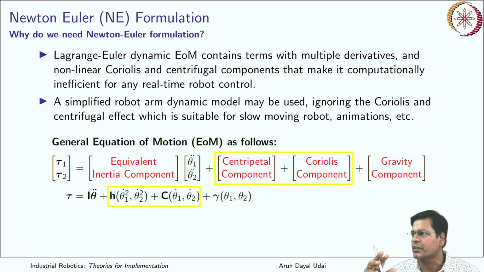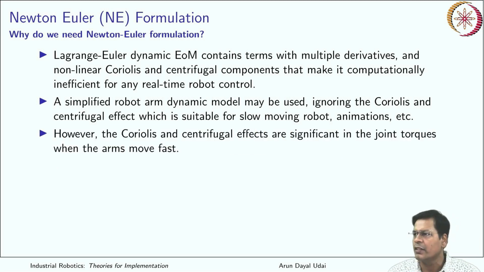But that is possible only for slow moving robots, for animation and similar applications which don't require much accuracy in calculation. Coriolis and centrifugal components are significant in joint torques when your arm moves very fast. Normally industrial robots run at 2 meters per second at the tip velocity, so it is very, very fast.